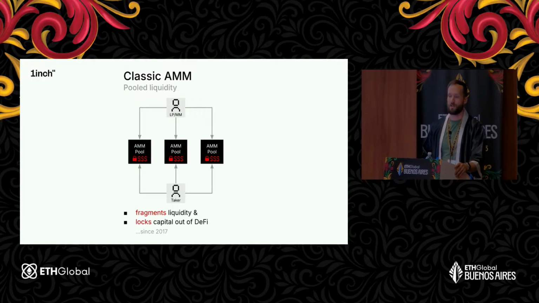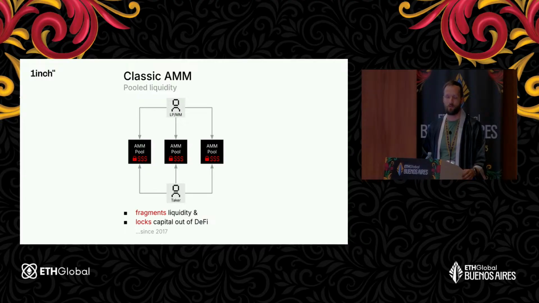Takers can transfer it in and out, but any other DeFi functionality is disabled. Pools do not let you do anything with your capital. I would say it's DeFi disabled. That's one more inefficiency. So I highlighted three inefficiencies now: idle liquidity, fragmented liquidity, and locked liquidity.